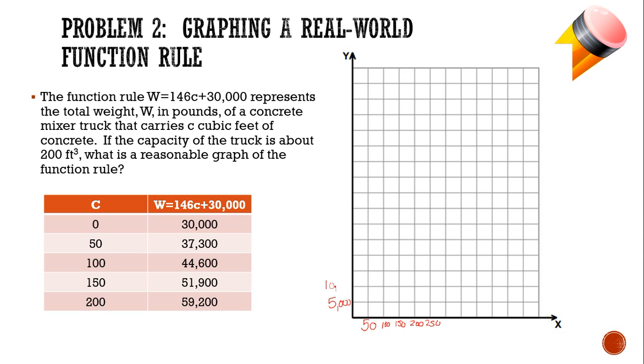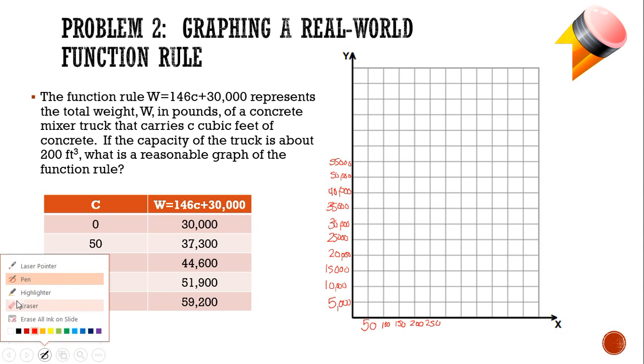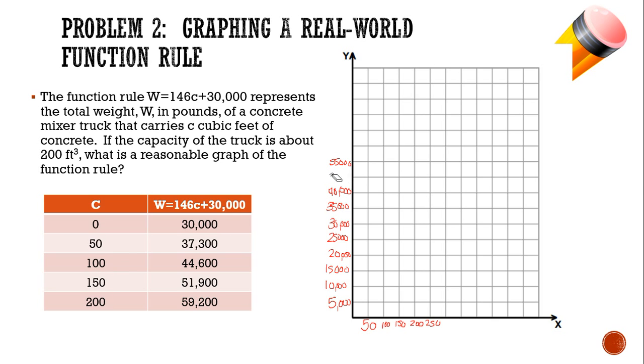So then this would be 10,000, 15,000, 20,000, 25,000, 30,000, 35,000, 40,000, 50,000, 55,000. Oh, messed up here. Should have 45,000 there.